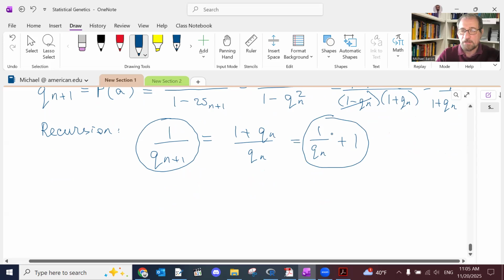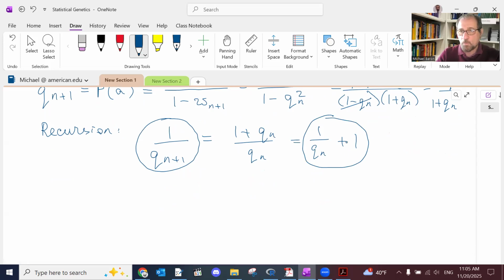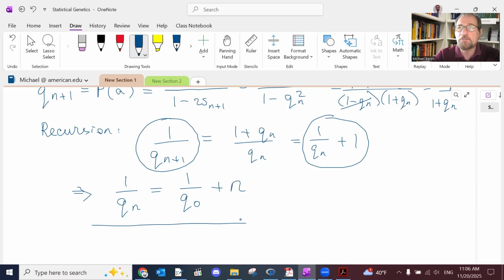The reciprocal is always incremented by 1 with every next generation. Therefore, we can have a general formula: 1 over Qn is 1 over the initial proportion of recessive genes. Every generation adds 1, so n generations add n. That's the general formula.